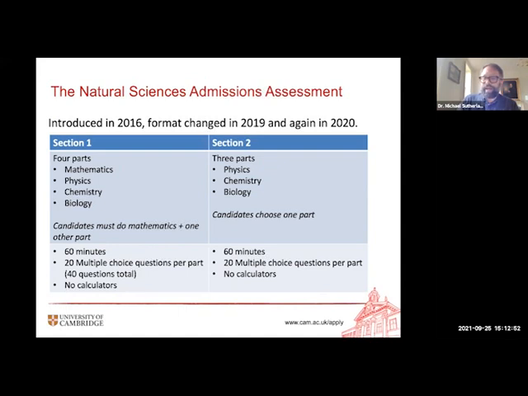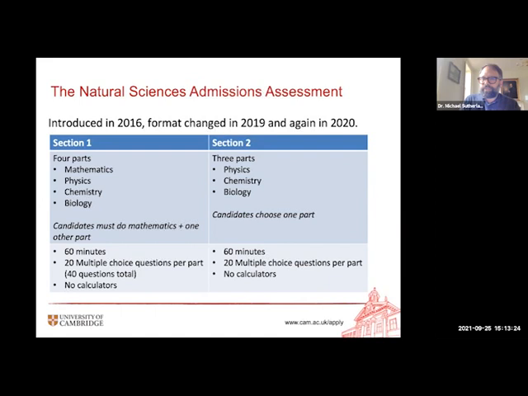The format as it stands now, for this coming round, is a test that is 2 hours in length and has two sections, section 1 and section 2. Within section 1, there are 4 parts: mathematics, physics, chemistry, and biology. Every candidate for NST, whether you're more interested in the biological sciences, chemistry or physics, has to do the mathematics component and then choose one other part.